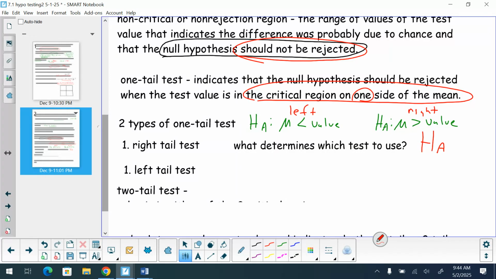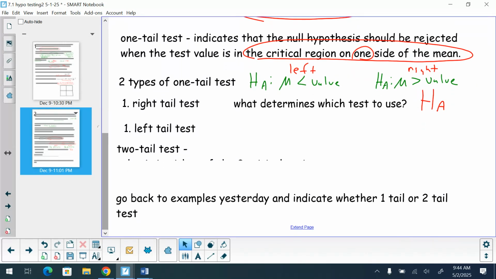I'm a keep it simple, stupid person, and that's how I keep it simple in my brain. So we look at the alternate hypothesis, and it tells us whether we have a left tail or right tail test.